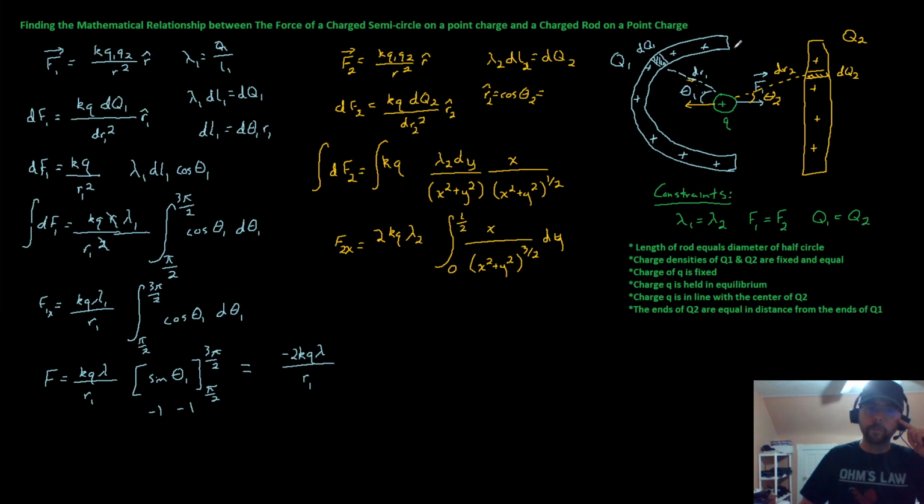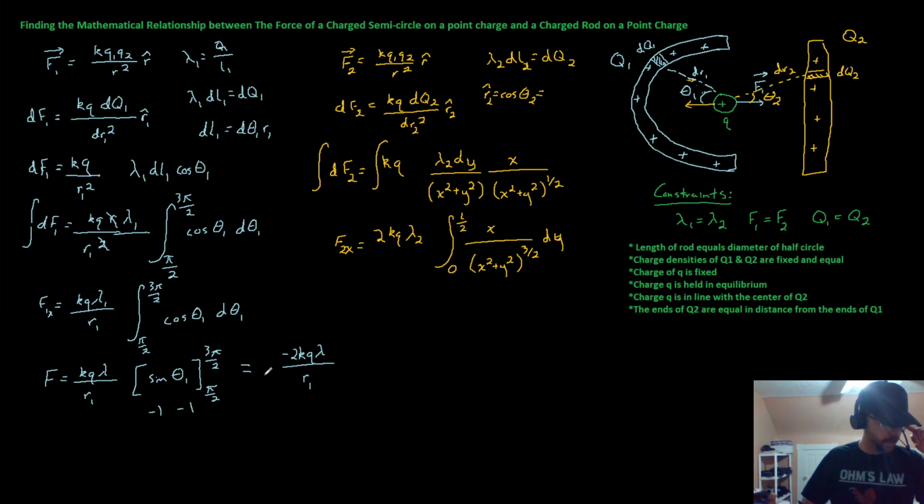Sine of pi over 2. What am I missing? I don't think I'm missing anything. So we'll go with this.